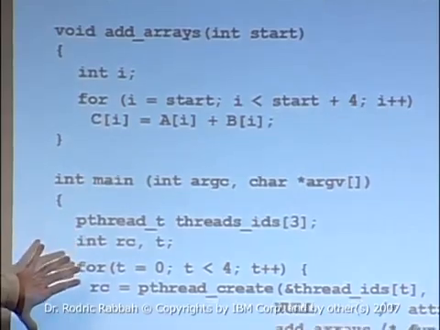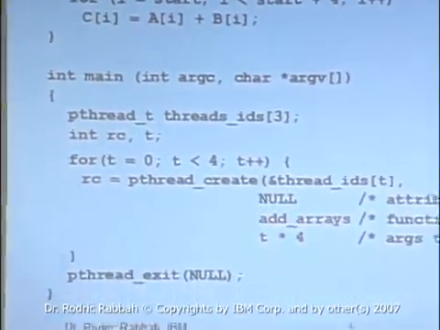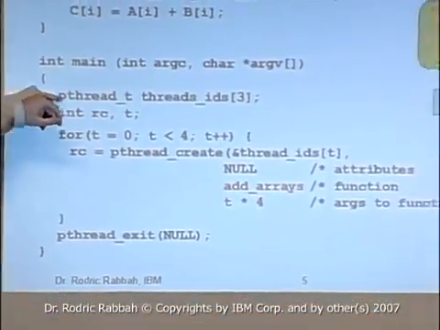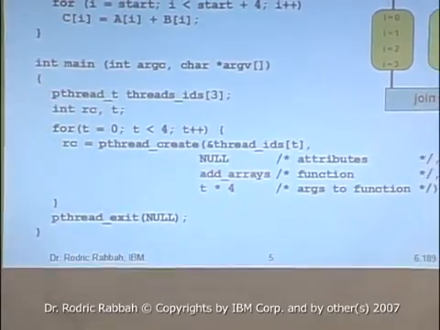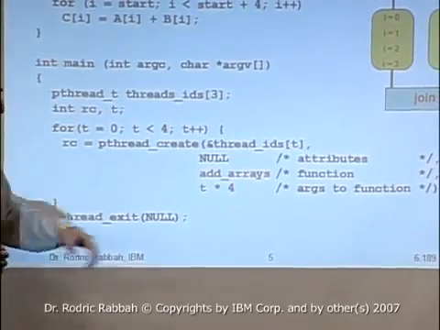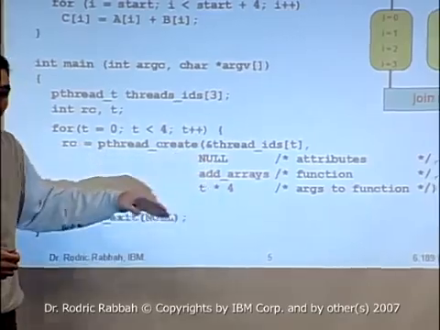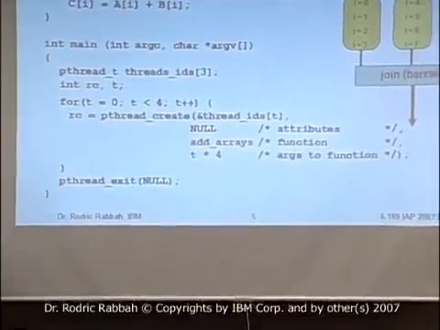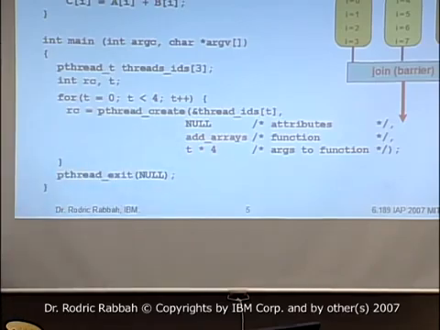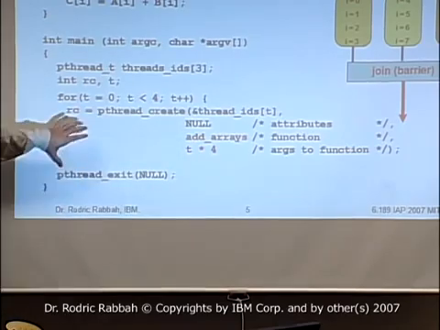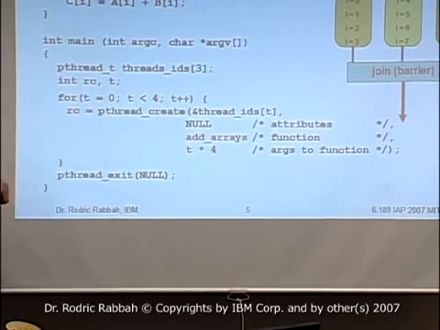And now in my main function, what I do is I have this concept of threads that I'm going to create. In this case, I'm going to create 3 of them. There are some parameters that I have to pass in, some attributes, which I'm not going to get into here. But then I pass in the function pointer. This is essentially a mechanism that says, once I've created this thread, I'll go to this function and execute this particular code.